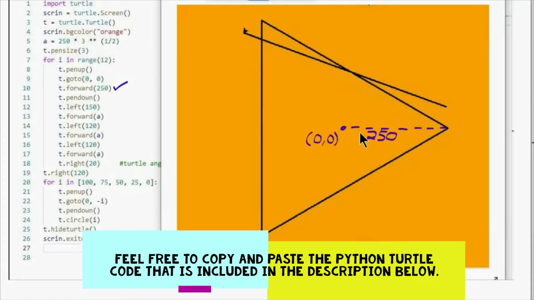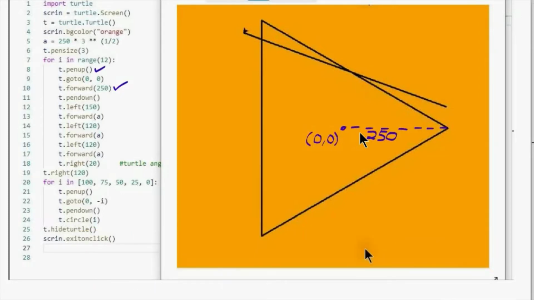Now this generating line is invisible because before I drew the line with 250 pixels, I let the pen up first, and then I go to 0, 0, the centroid of the triangle, and then I drew the line to 50.